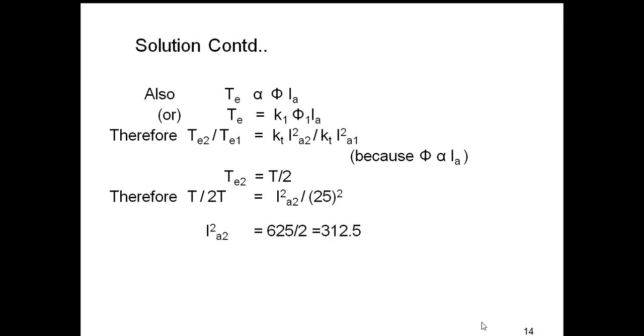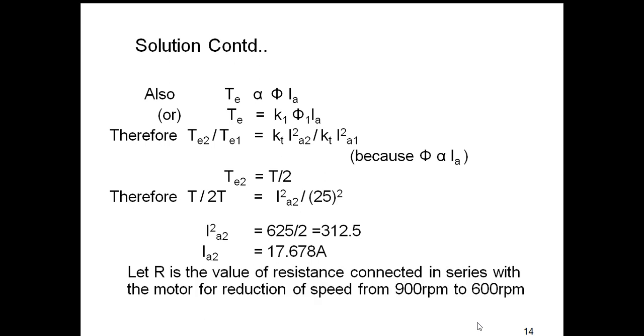On solving this, we get IA2 square is equal to 625 by 2, which is equal to 312.5. From that IA2 is equal to root of 312.5, which is equal to 17.678 amperes.